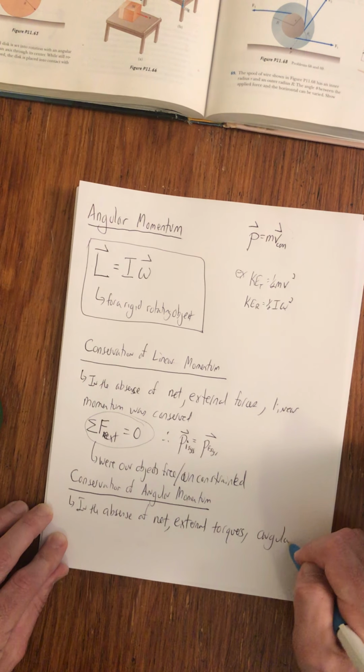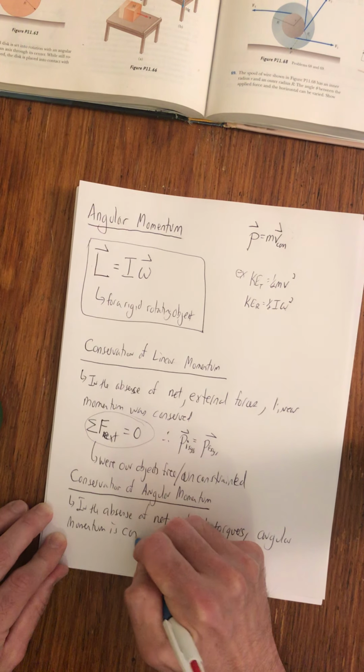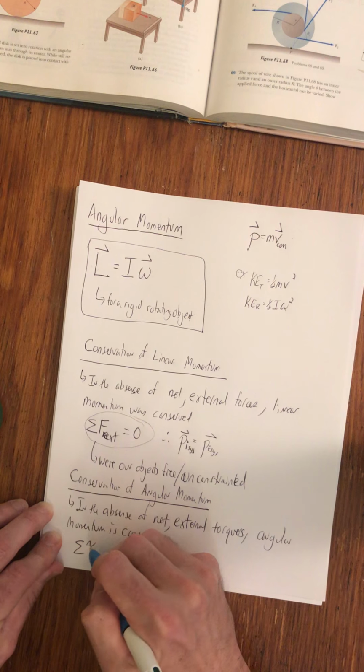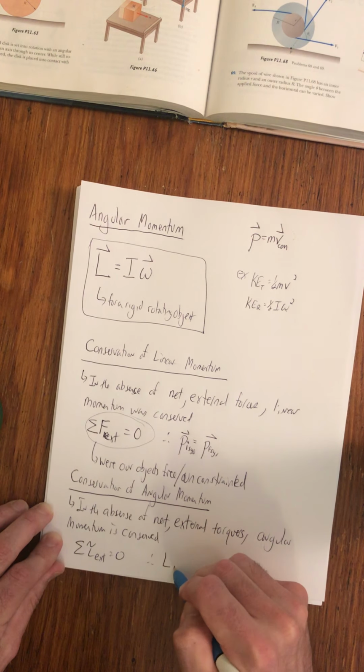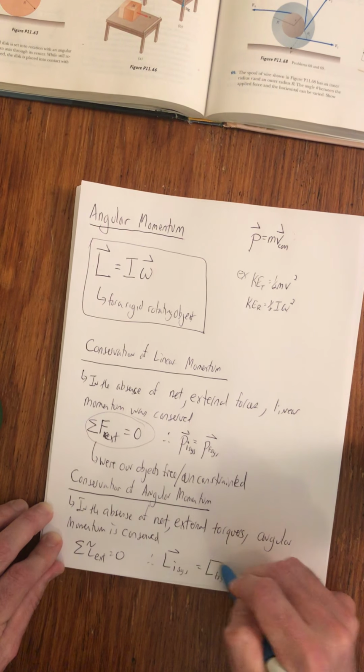Angular momentum is conserved. Okay, and that's going to say if sigma tau external is equal to 0, therefore L initial for this system is equal to L final for this system, right?